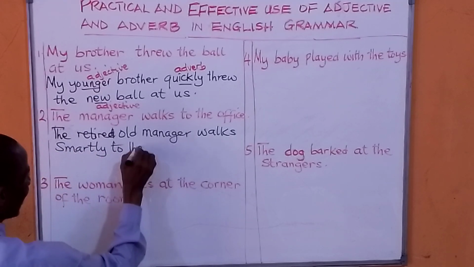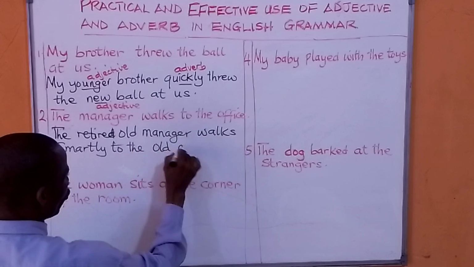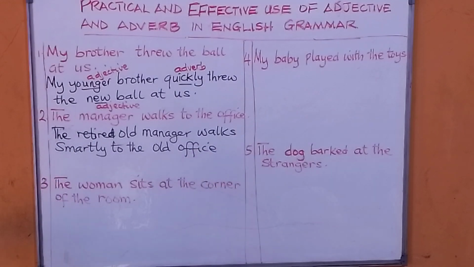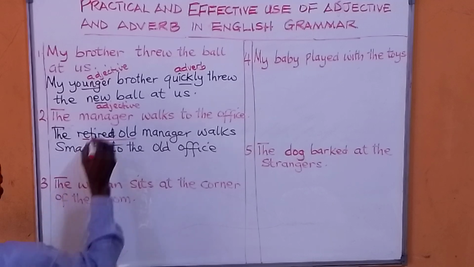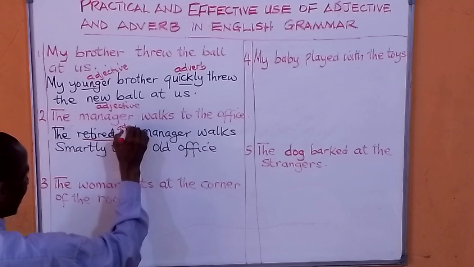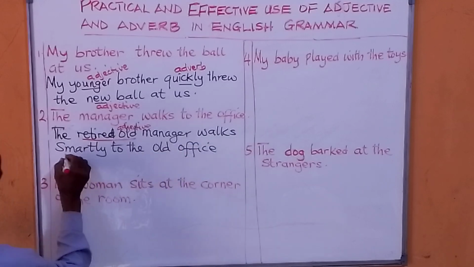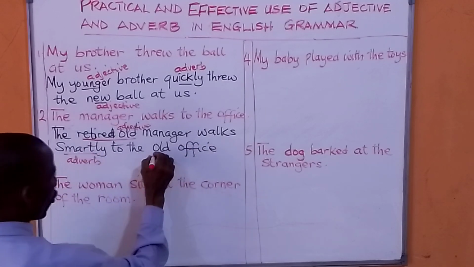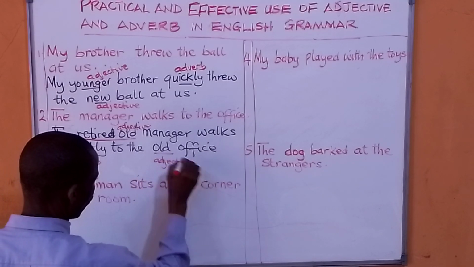To the rickety office, to the old office. Now, you see what is done there. This is retired old manager, that is the adjective. Walks how? Smartly, that is the adverb. And old office, that is the adjective qualifying that.